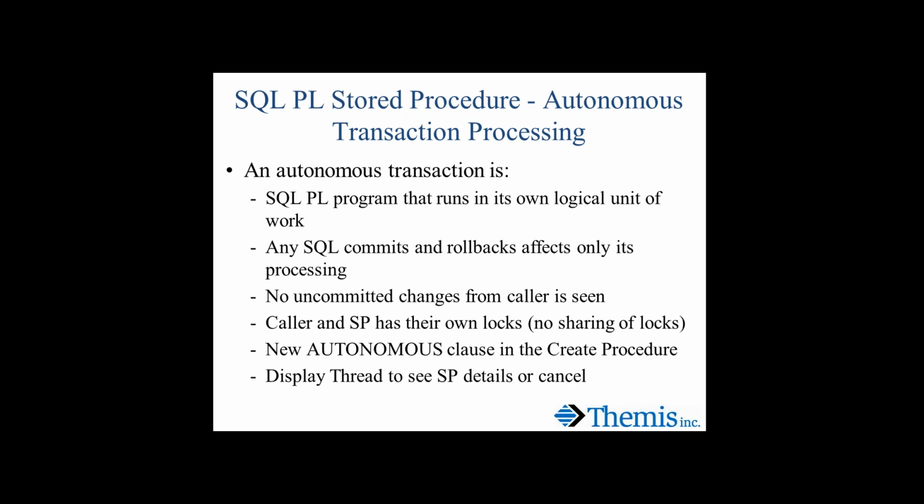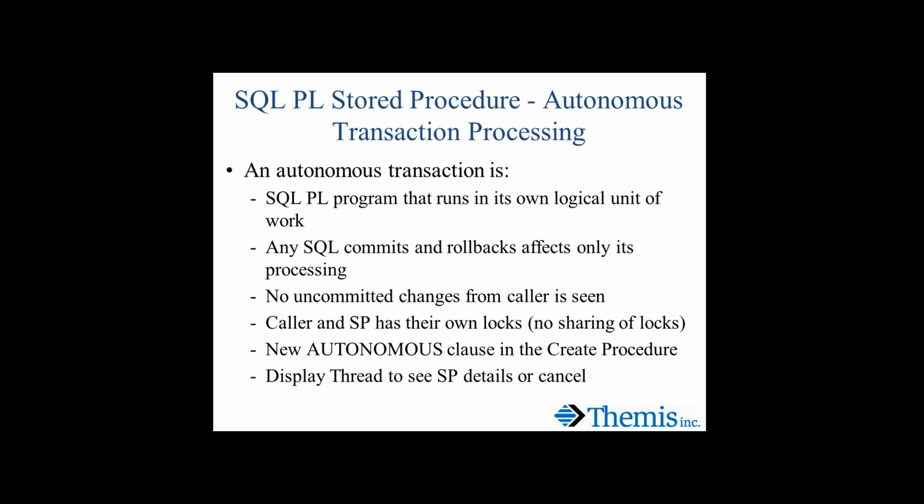Now, an autonomous stored procedure runs as its own logical unit of recovery. Any SQL commits and rollbacks affect only its processing, not the procedure that invoked it. No uncommitted changes from the caller are seen, and the caller cannot see what you've done. The caller has its own locks.